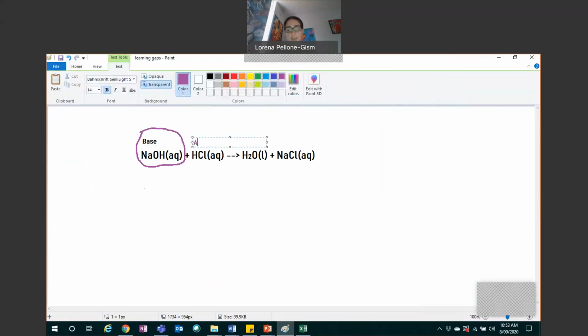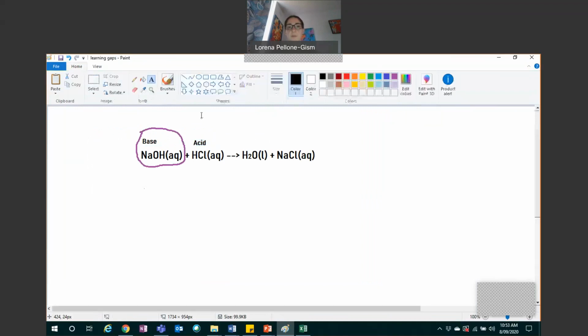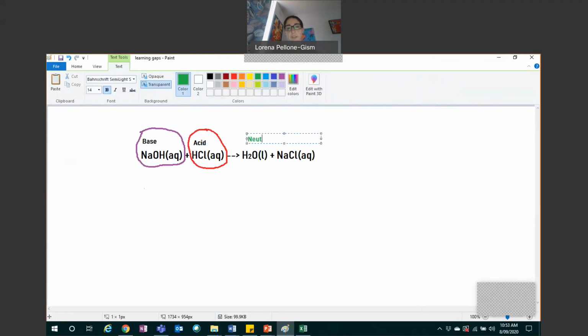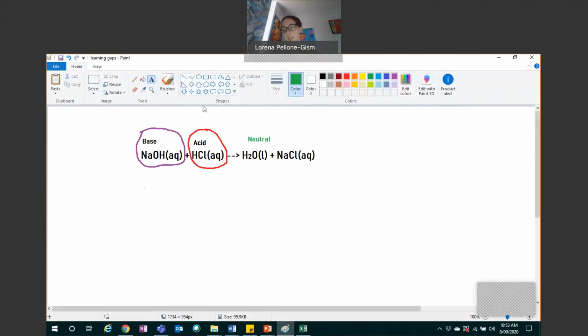We react it with an acid, and we know that with universal indicator, that comes out red. And then it produces salty water, which is neutral, and that would look green with universal indicator.